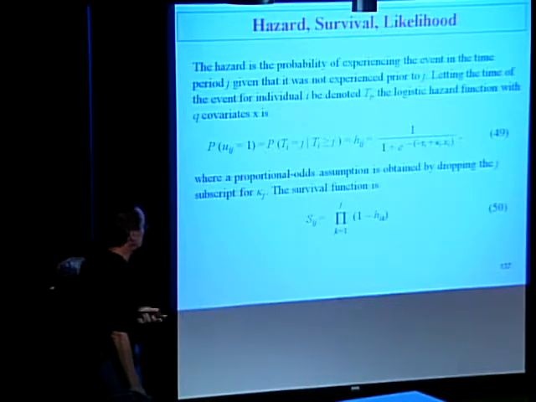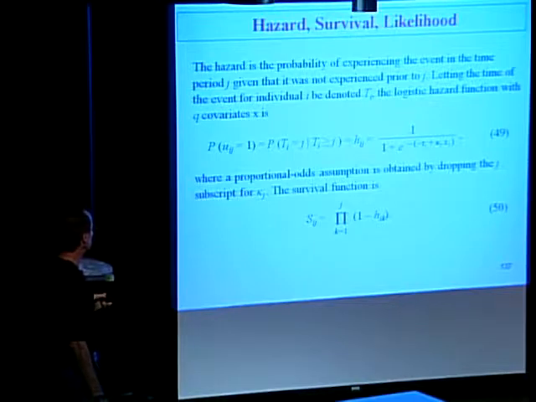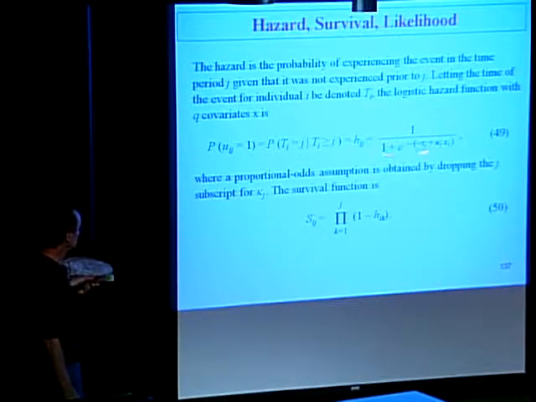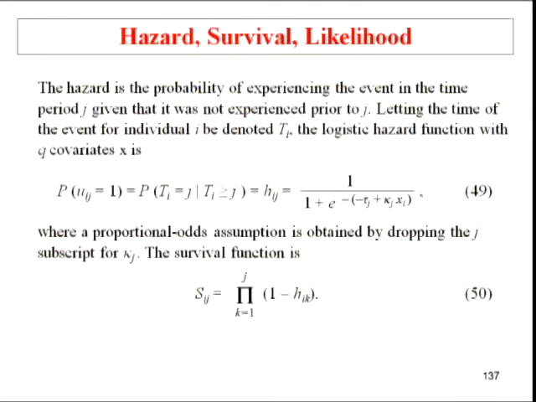Now, for these models, you define the probability that the event occurs at time period j as a hazard, which, as you recognize, is 1 over 1 plus e to the power of something.